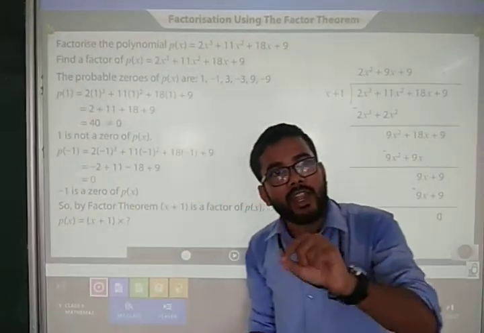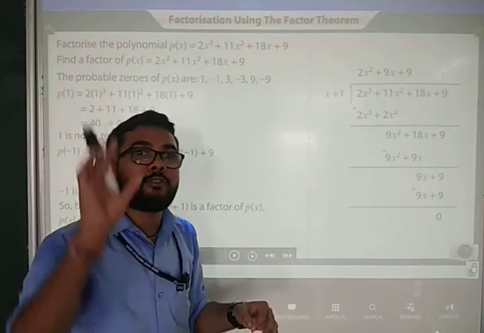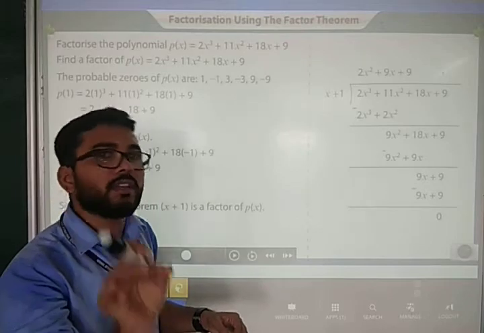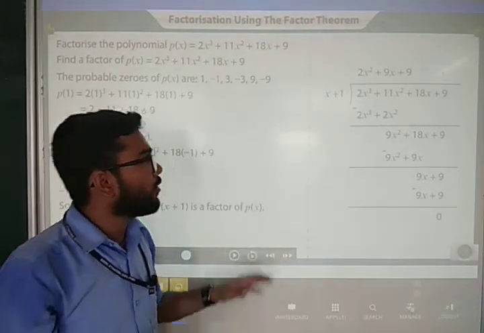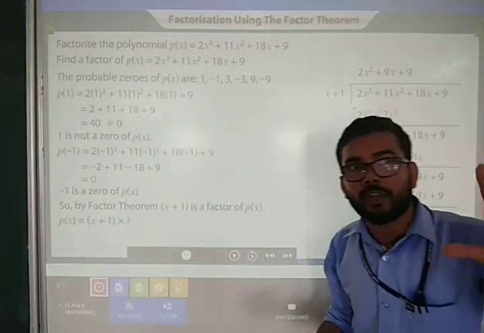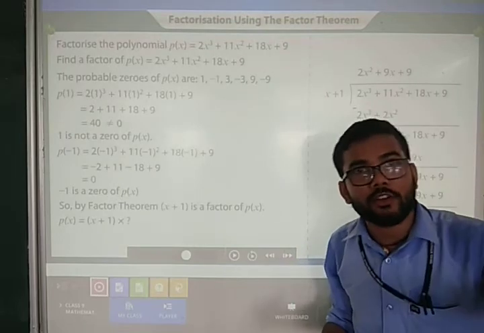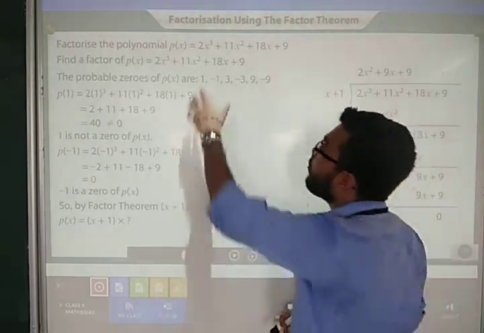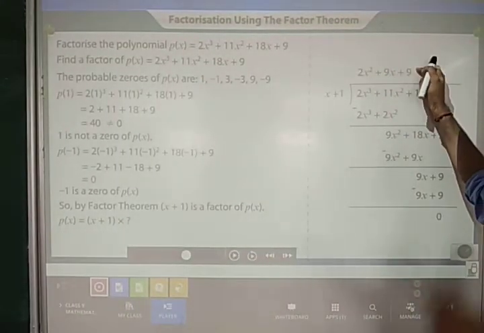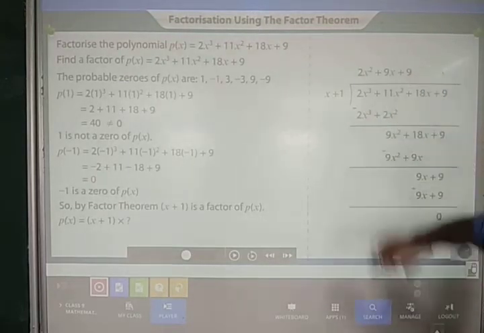Because if you divide 60 by 12, you get 5 as the quotient, so 5 is also a factor of 60. So when you divide by this factor, the quotient you get will be a factor of that given polynomial. So how will you divide?